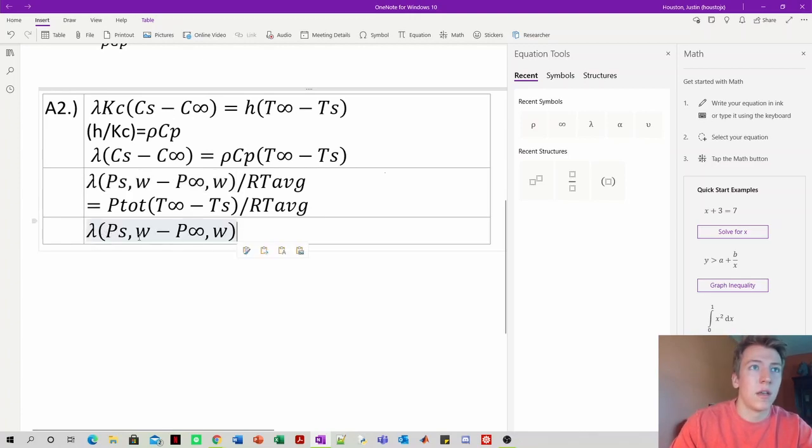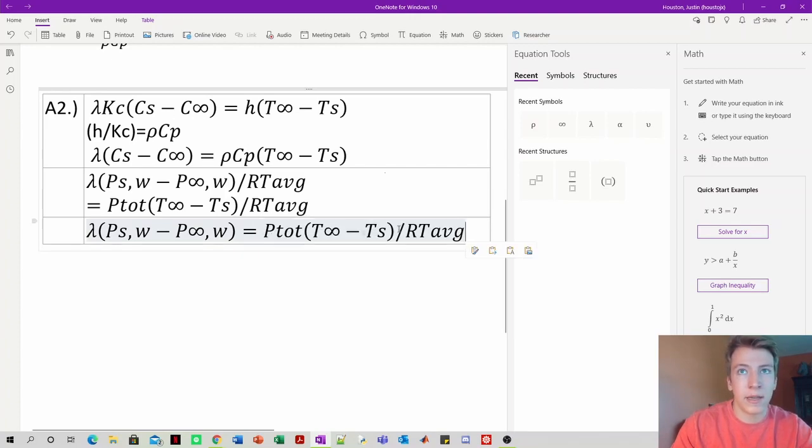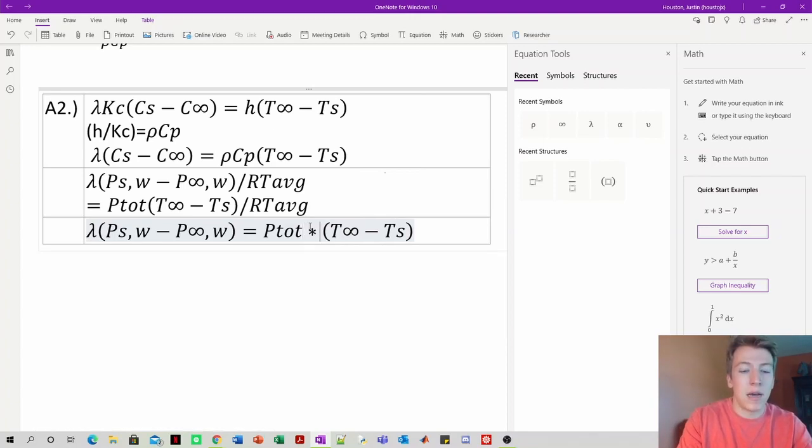But instead, like I said, the RT average cancels out, and that's going to be equal to, on the right hand side, pretty much the same thing, except instead of the RT average in the denominator, you don't have anything in the denominator. You'll just have the total pressure multiplied by the heat capacity.